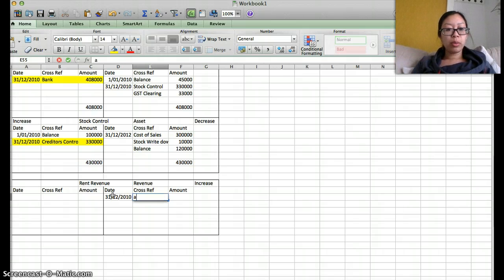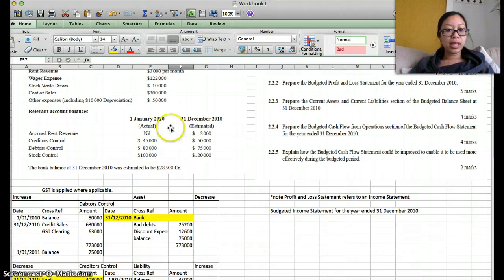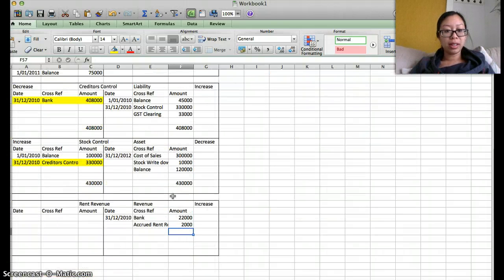That's linked to bank. We would have received that. So $2,000 for 11 months is $22,000, of which it told us $2,000 was still owing to us. So that's an asset. It says here, accrued rent revenue, $2,000 estimated.